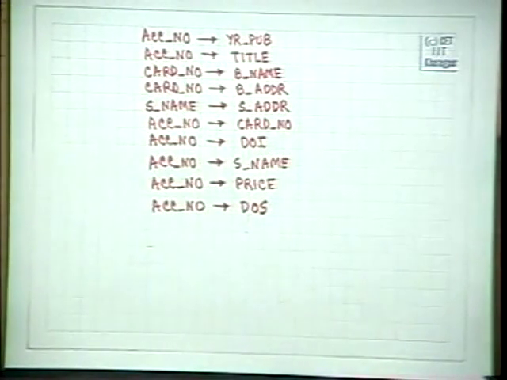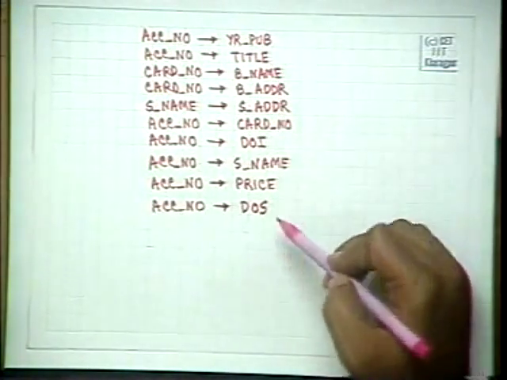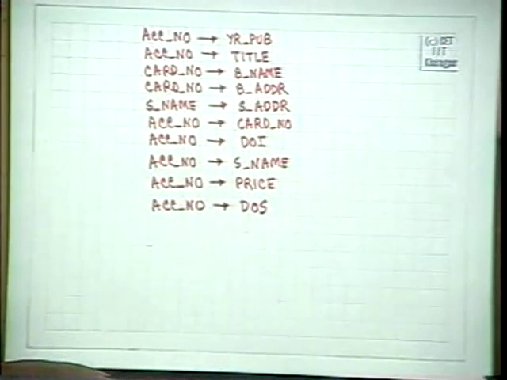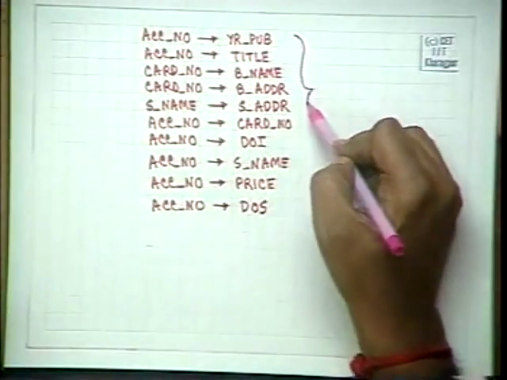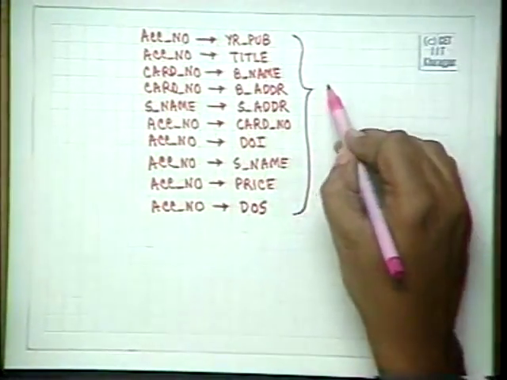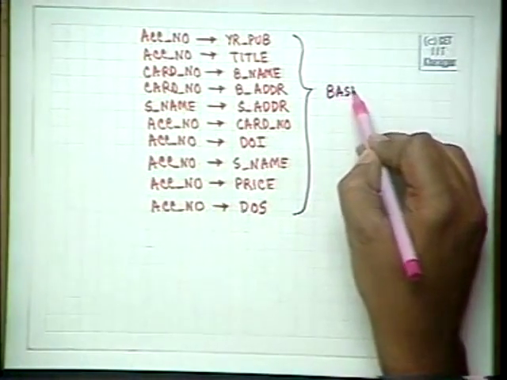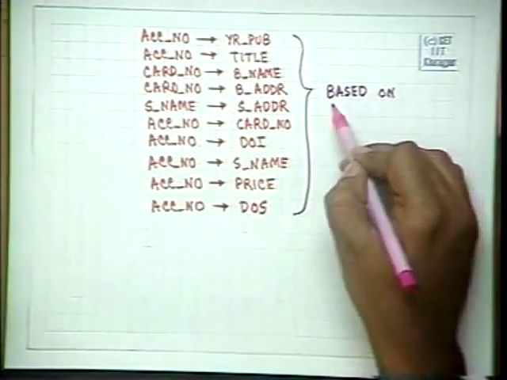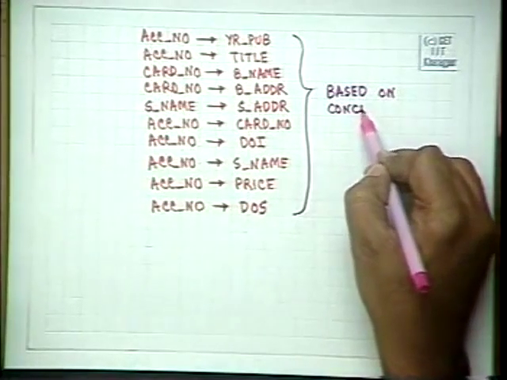So, based on our primary key concept, these are the checks which will have to be done during every insertion, updation and deletion as well. These are based on the concept of a key attribute.